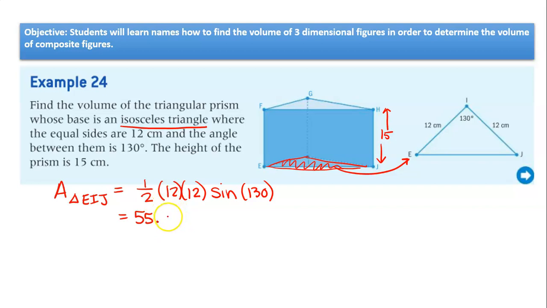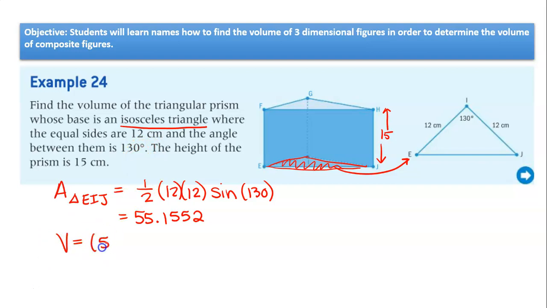So 55.1552 is the area of that triangle. Again, I'm not going to round that. And then the volume is that area of the triangle times the height.